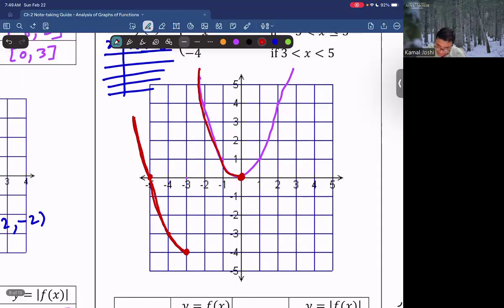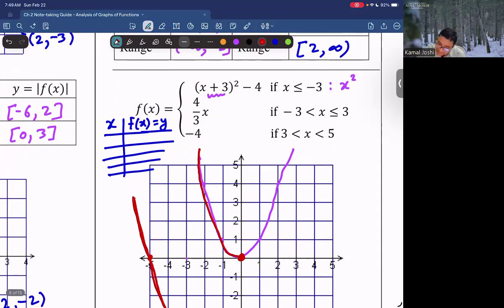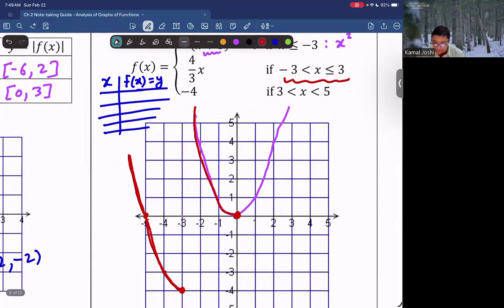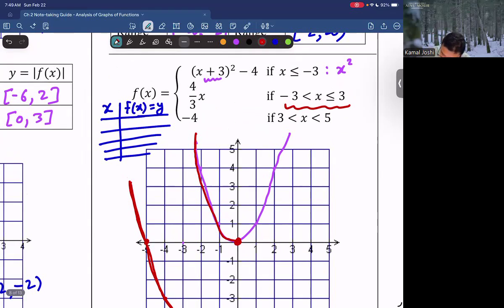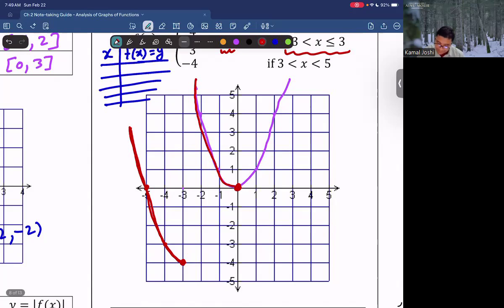Okay. Then between -3 and 3, it is 4 over 3 x. So the line with the slope 4 over 3, just x, which means +0. So the y-intercept is 0. It passes through the origin, right? That is one of the special topics we studied earlier.